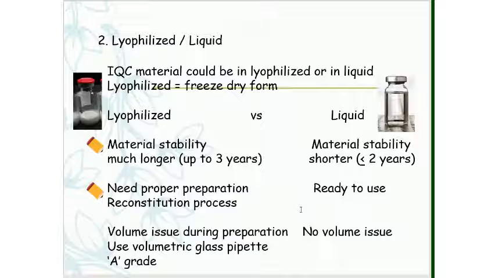During reconstitution, we need to use a tool that can deliver volume with high accuracy. If the volume used is not correct, then it can affect the concentration of the analyte of interest in the material. Usually, we use a grade A volumetric glass pipette.